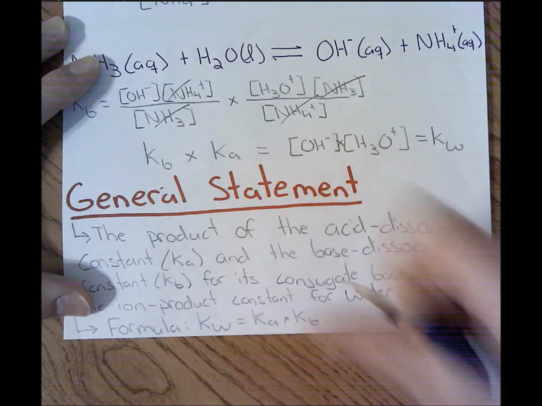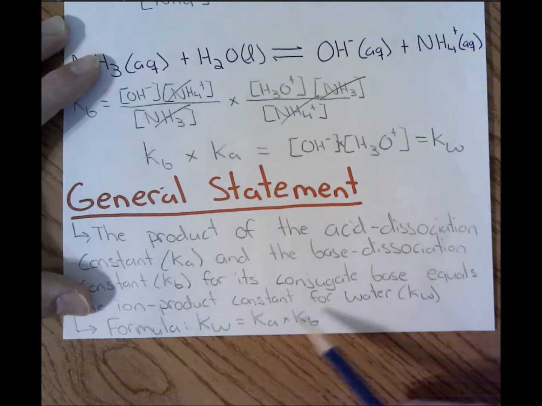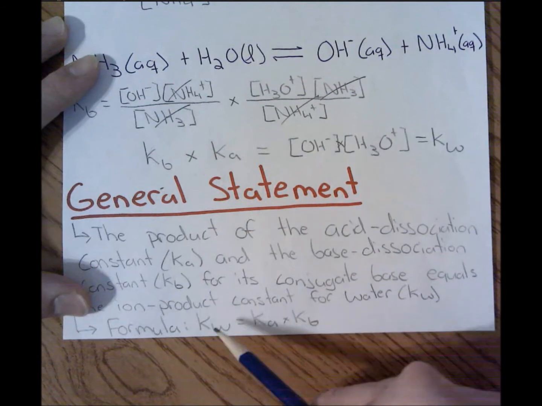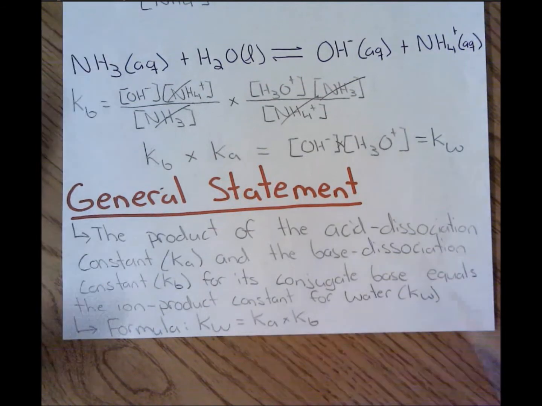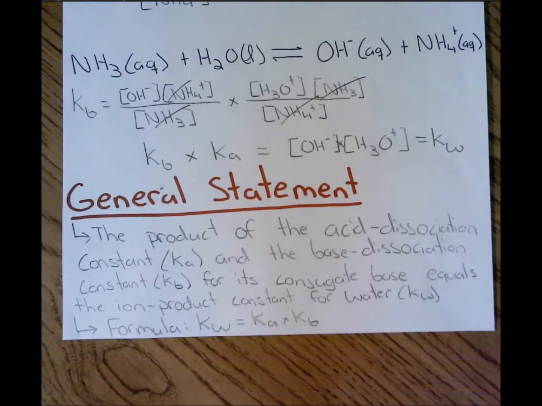What this allows us to do is, if we know Ka, we can find Kb and vice versa, because Kw is always 1 times 10 to the negative 14th. It's always that because that is a neutral substance. If we go through a couple of examples, we can see what happens.